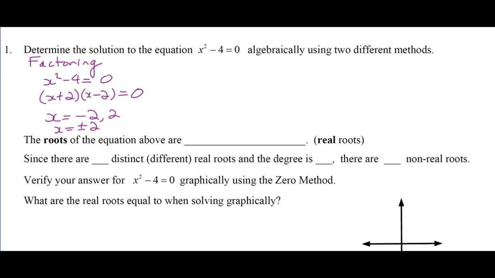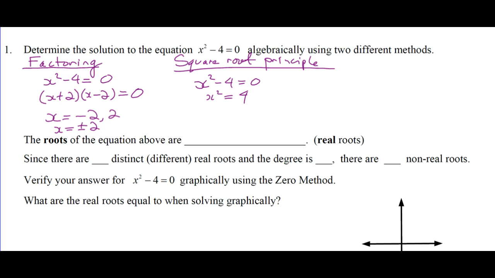And if we want to solve by another method, we could use the square root principle. So there we say, so we got x squared minus 4 is equal to 0. We isolate the squared, getting x squared is equal to 4, and then we square root both sides, right?